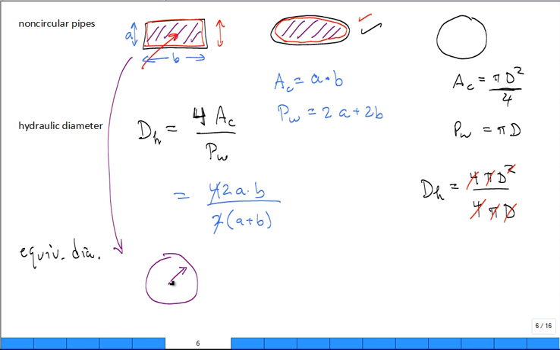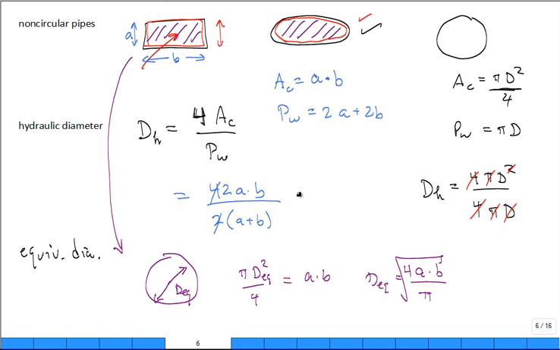This equivalent diameter, D equivalent, gives me the same area as that rectangular duct. So you'd have pi D equivalent squared over 4 is equal to A times B. So this equivalent diameter is equal to the square root of 4 A times B divided by pi.